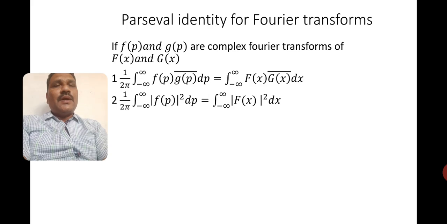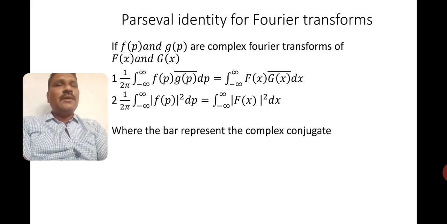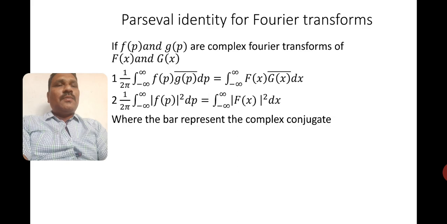Second, 1 by 2 pi integral minus infinity to plus infinity mod of F of p whole square dp is equal to integral minus infinity to plus infinity mod of f of x whole square dx, where bar represents complex conjugate.